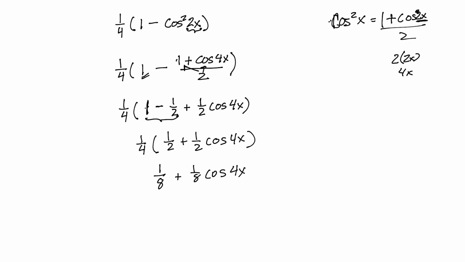Another way to write this as a single fraction is just to write 1 plus the cosine of 4x all over 8. Either of these are acceptable. One is not a simpler version of the other. This is writing it as just a single term, where this is writing it as two separate terms and basically distributing that division by 8.